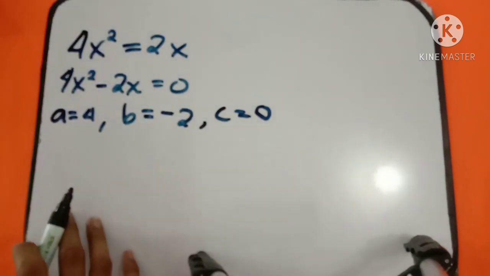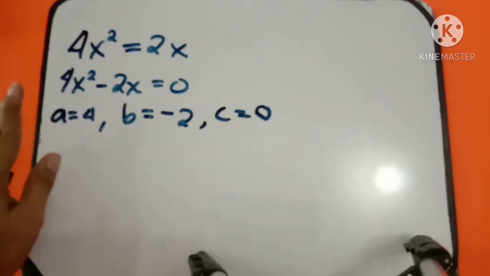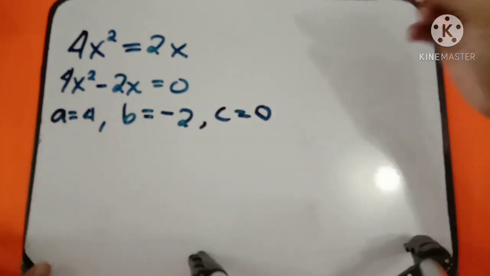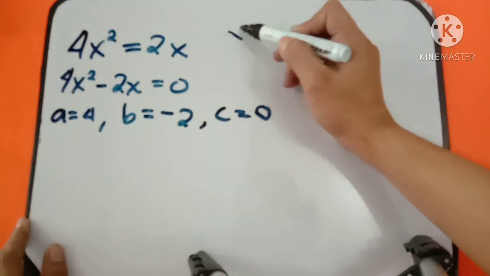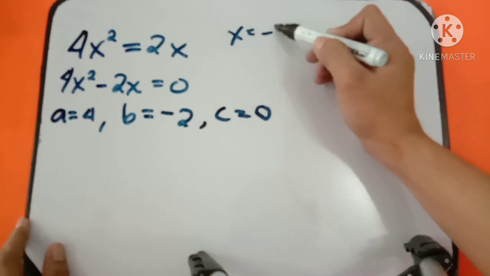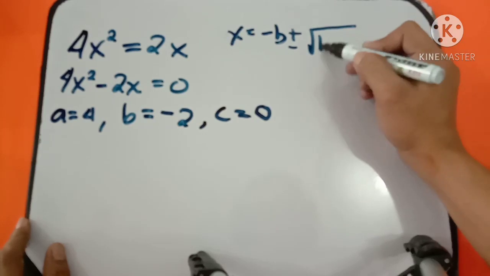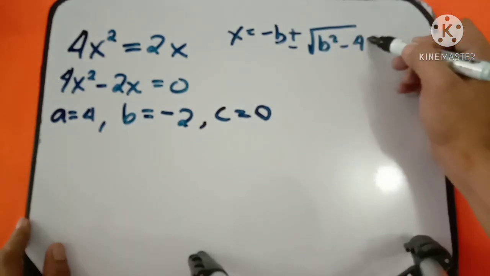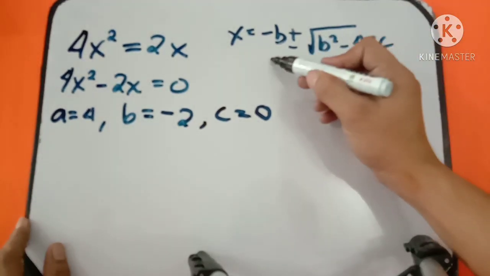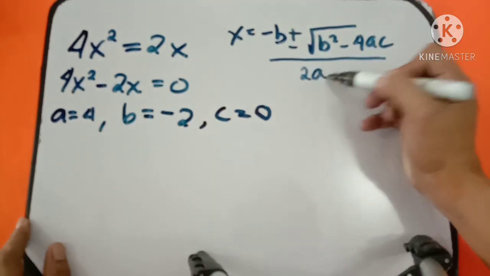So we can substitute these values into the quadratic formula. Again, the quadratic formula is x is equal to negative b, positive negative the square root of b squared minus 4ac all over 2a.